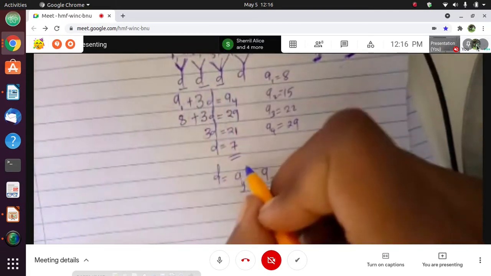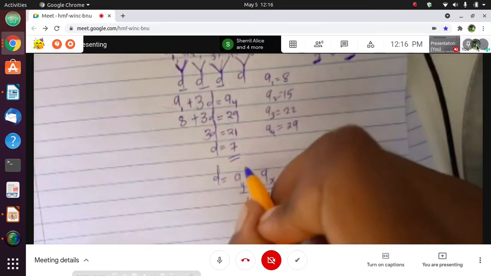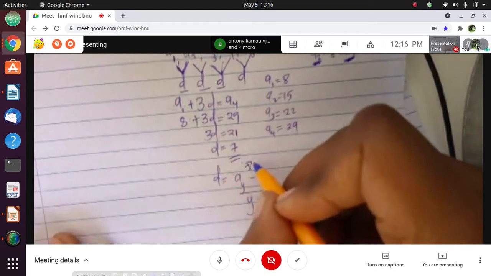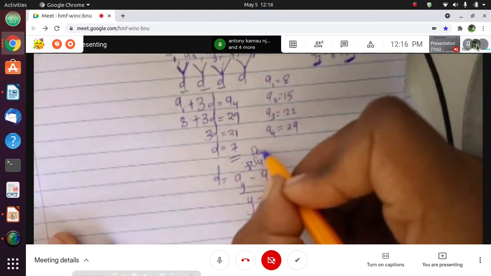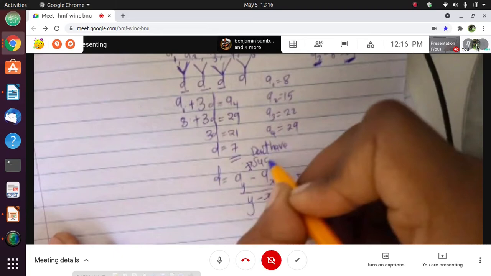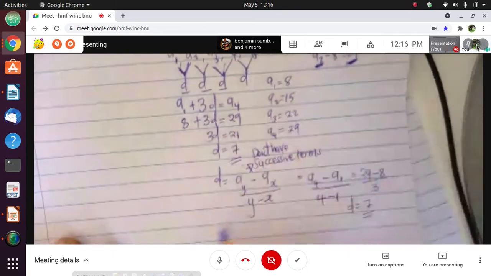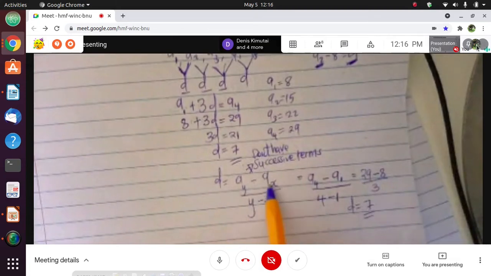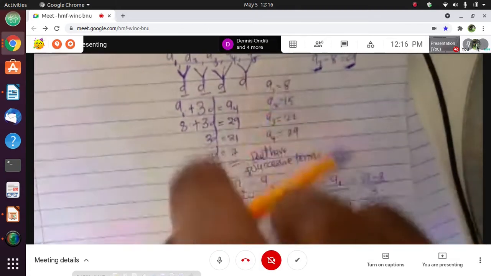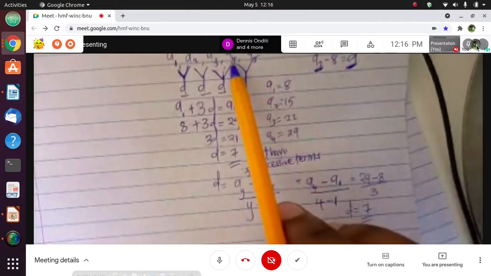If you do not have successive terms, hazifuatani, the common difference will be given by AY minus AX over Y minus X. AY being the value of ile term ambayo ni kubwa.